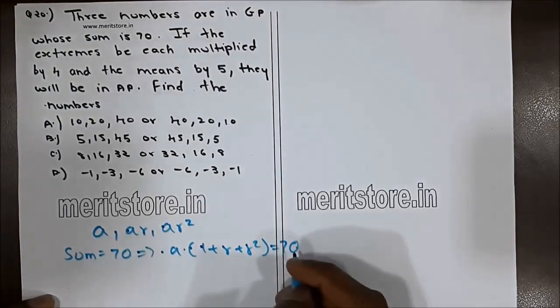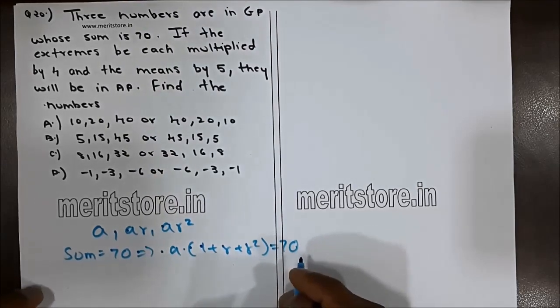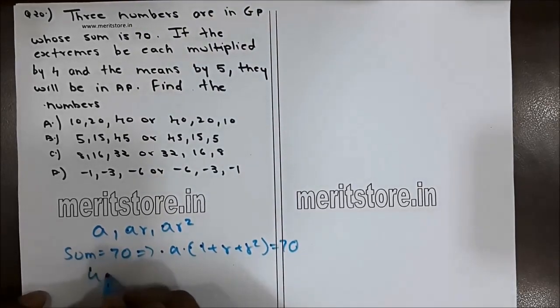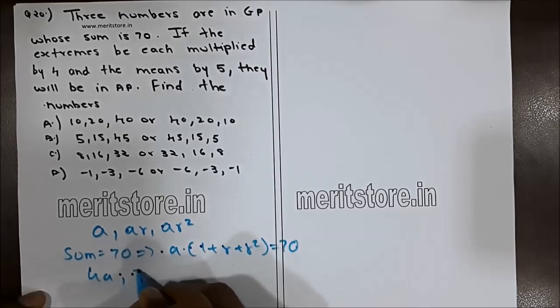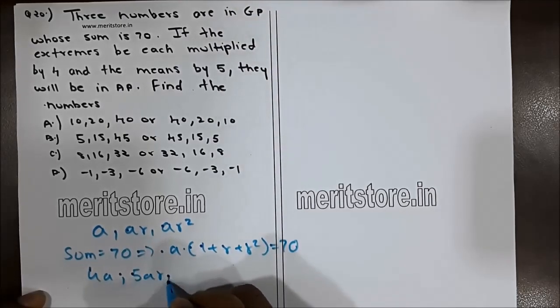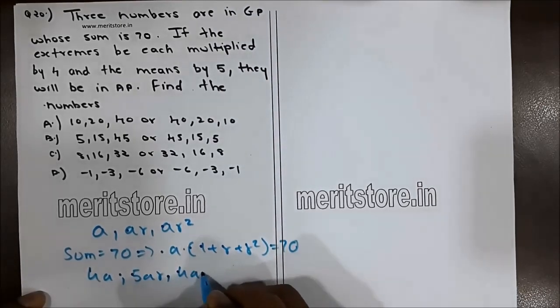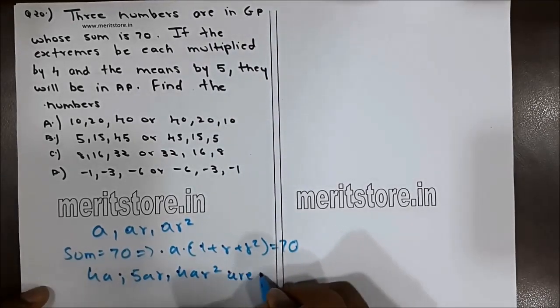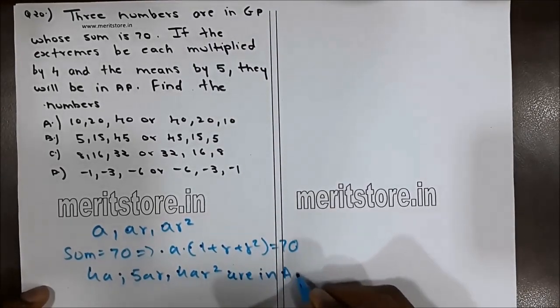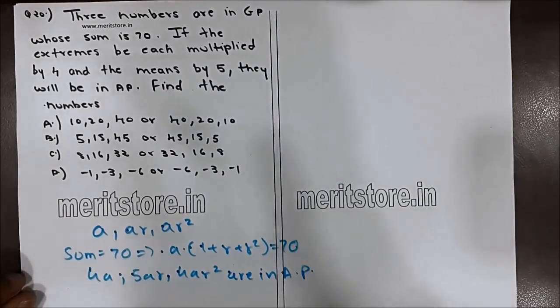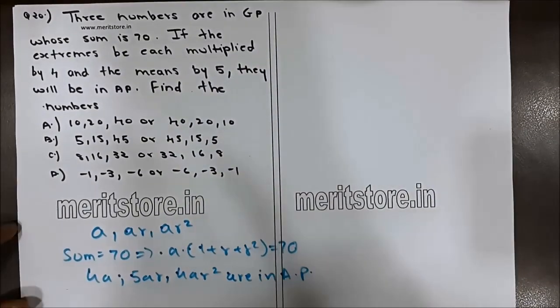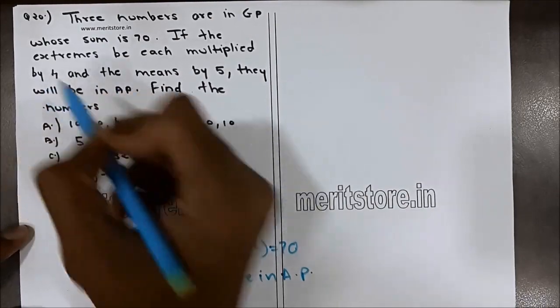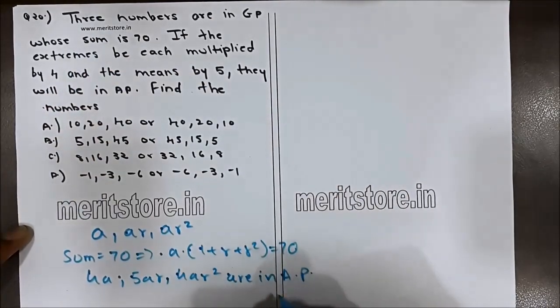It is given that 4a, 5ar, 4ar squared are in AP. That is, the extreme terms multiplied by 4 and the mean by 5 give an AP.